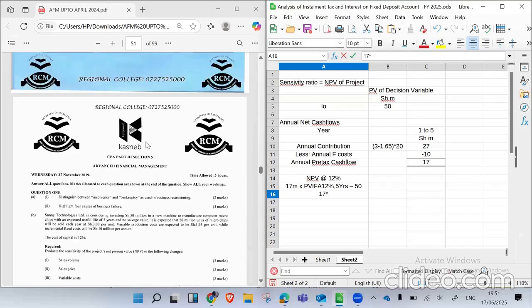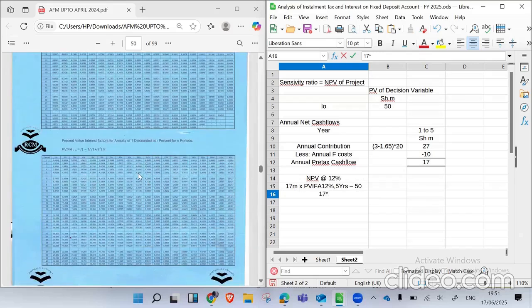Table 2, of course. I think 3.6048, minus the initial outlay of 50. So that is our NPV.